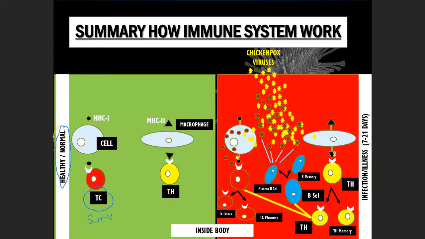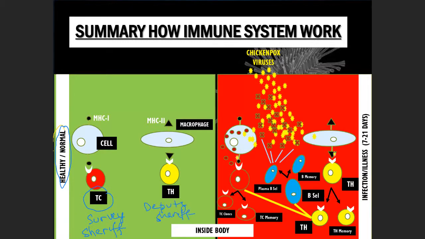This is like a sheriff that always surveys our body. If nothing happens, then it says, okay, you're okay. There is another cell that also performs surveillance. This is actually the T helper, which also performs surveillance. So we can call this a deputy sheriff.